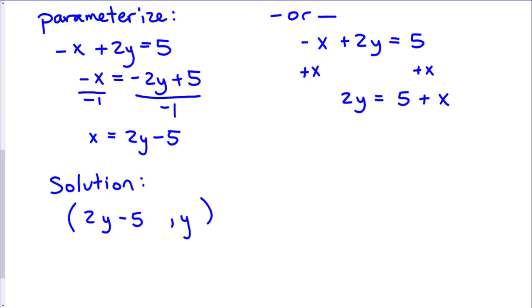And then if I divide both sides by 2, and I'll reorder 5 plus x into x plus 5 divided by 2, which could also be expressed as 1/2 x plus 5/2.